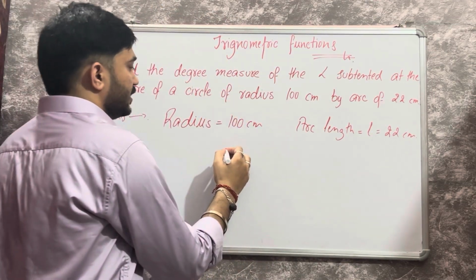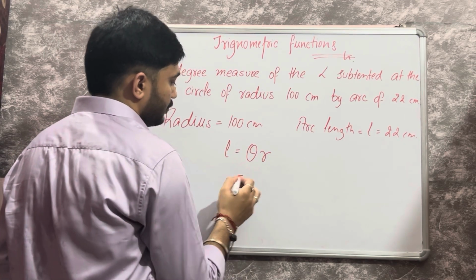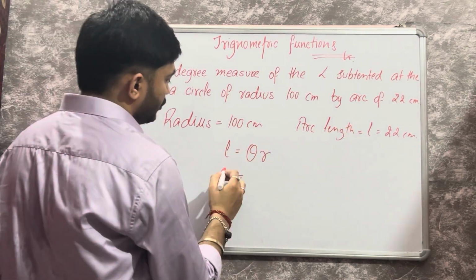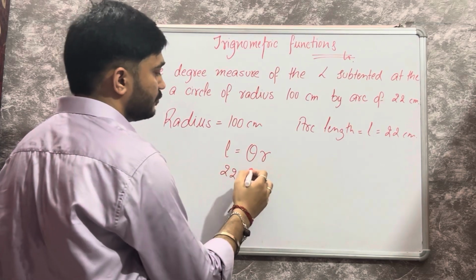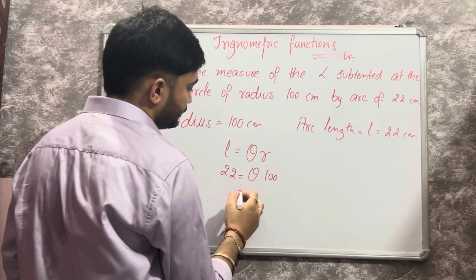According to the formula, L is equal to theta r. The value of L is 22. The value of theta we don't know, and the value of r is 100.